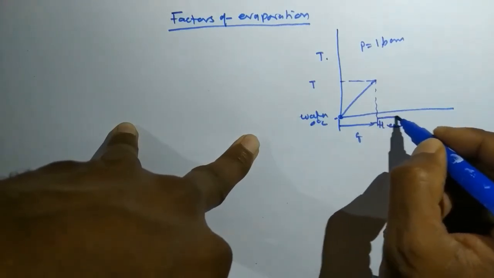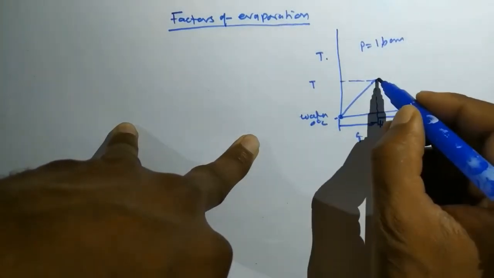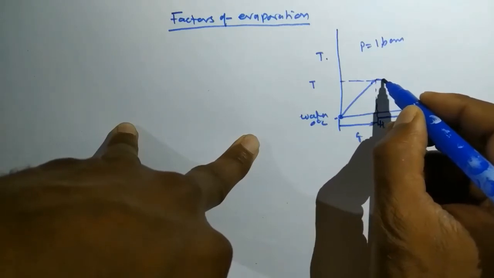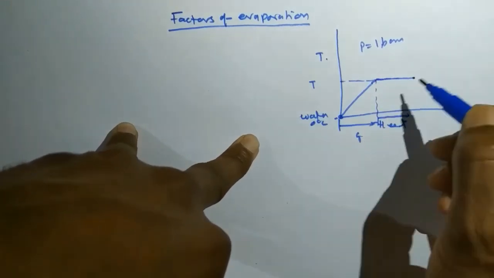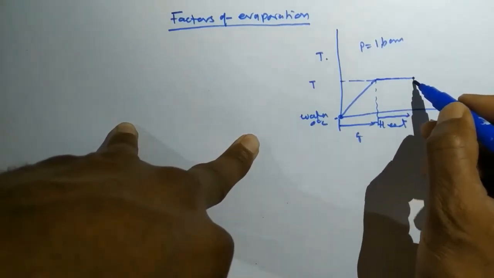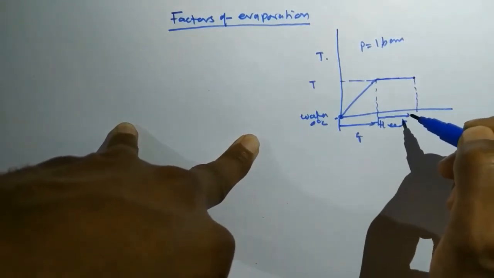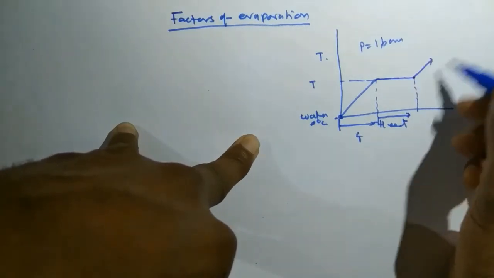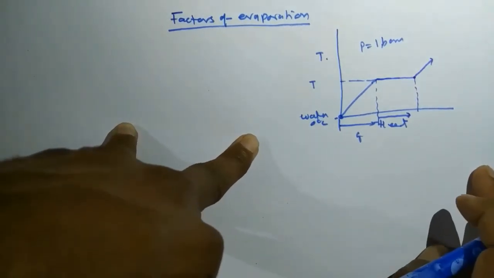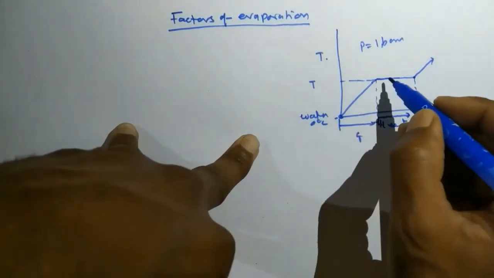And on further adding heat, the steaming or evaporation starts, up to a certain amount of heat, and further it is converted into dry and saturated steam.